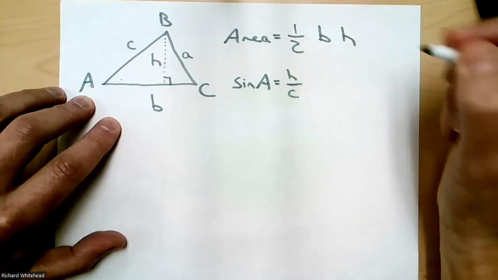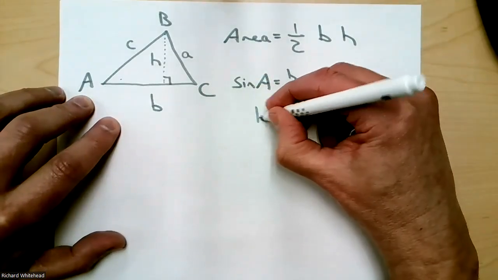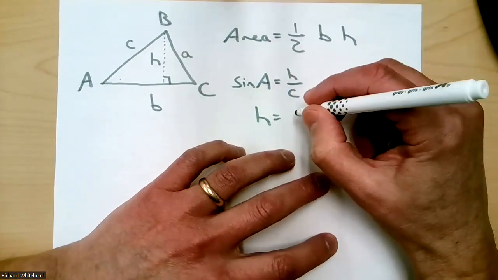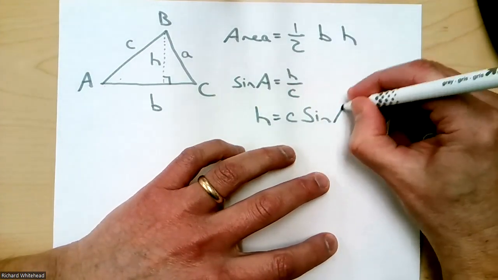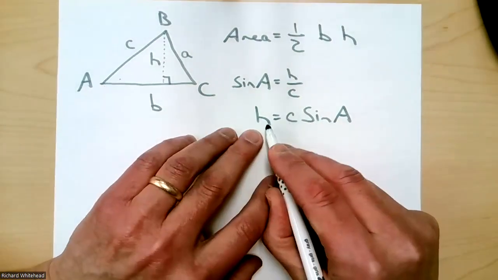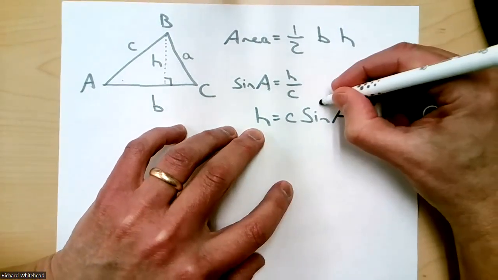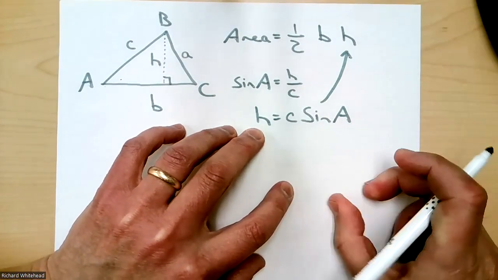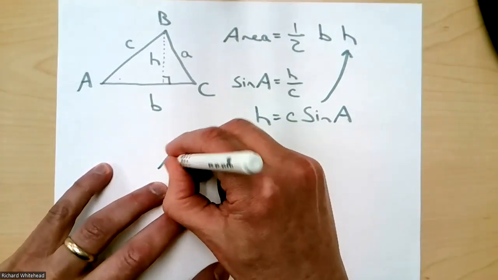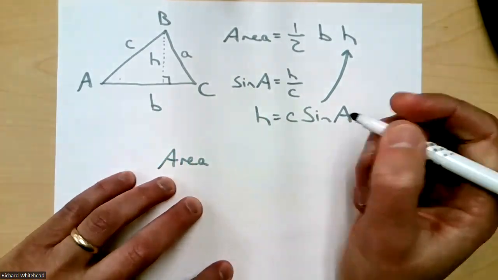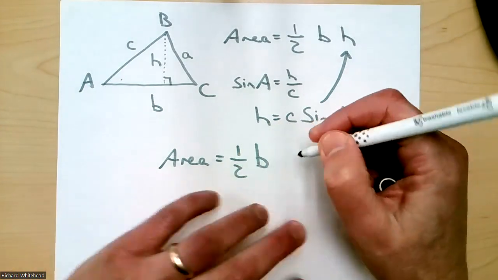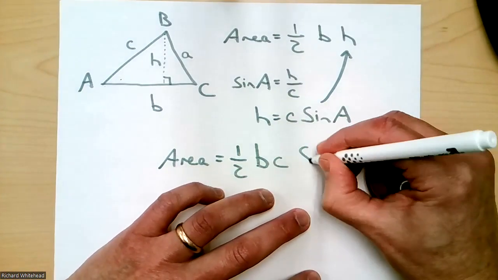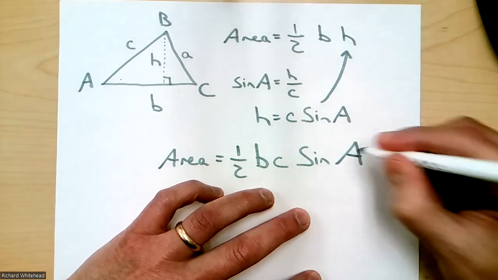So the sine of angle A is equal to H over C, which means H is equal to, cross multiply the C out of there, C times sine of A. Well, how convenient. H is right there, which means we can write a new formula, which would be the area is equal to 1/2 B C sine of A.